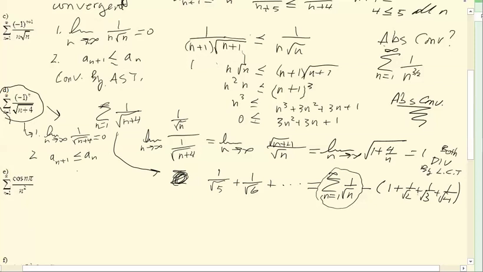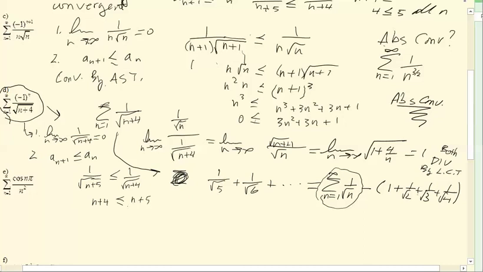Here it is. What we're trying to show is whether or not the next term is less than or equal to the first term, non-increasing. So we got 1 over root n plus 5. Is that less than or equal to 1 over root n plus 4? That's the question. Well, if you square both of these, and let's take a couple steps at a time, n plus 4 would be less than n plus 5 after we squared them.